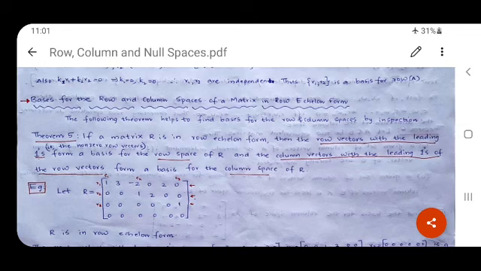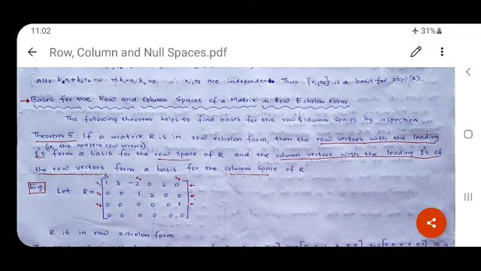If a matrix R is in row echelon form, then the row vectors with the leading ones form a basis for the row space of R. The non-zero row vectors in row echelon form have leading element 1. So the theorem says that the row vectors with the leading ones form a basis for the row space, and the column vectors with the leading ones of the row vectors form a basis for the column space of R.